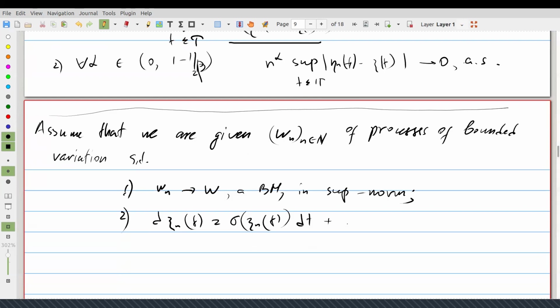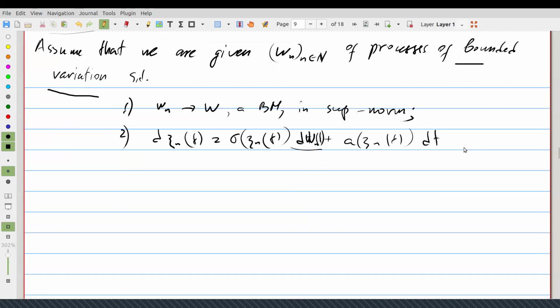As we will discuss, they're actually well defined. W_n dt. This is now not a stochastic Ito integral, it's just a random Lebesgue-Stieltjes integral, because this is of bounded variation.